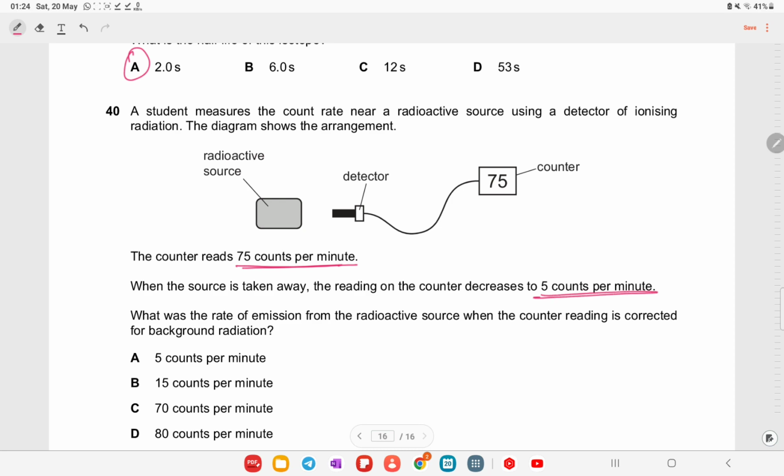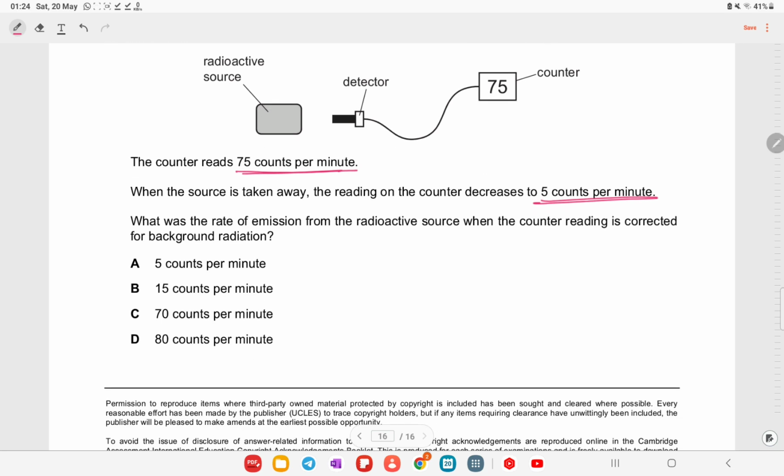What was the rate of emission from the radioactive source when the counter reading is corrected for background radiation? We simply have to subtract 75 minus 5 to get the answer, and that's going to be option C.